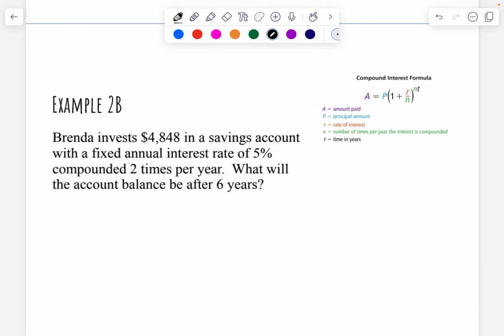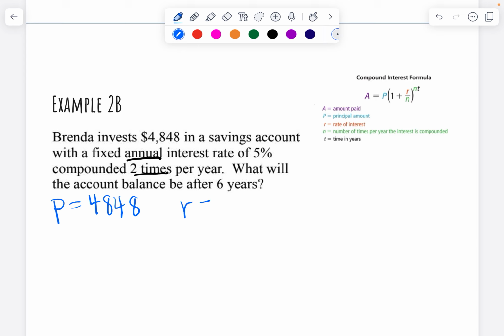Brenda invests $4,848 in a savings account with a fixed annual interest rate of 5%, compounded 2 times per year. What will the balance be after 6 years? So the principal is the starting value, 4,848.